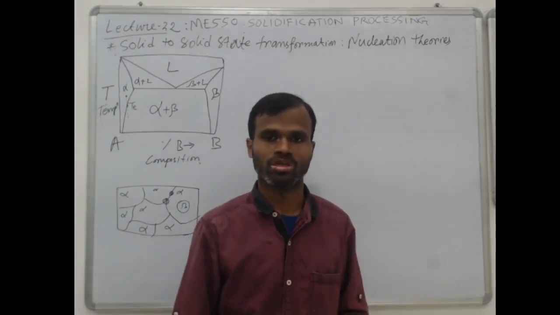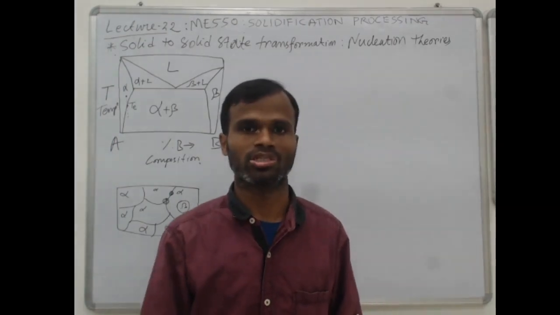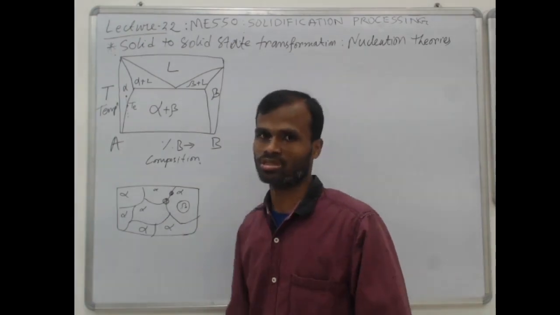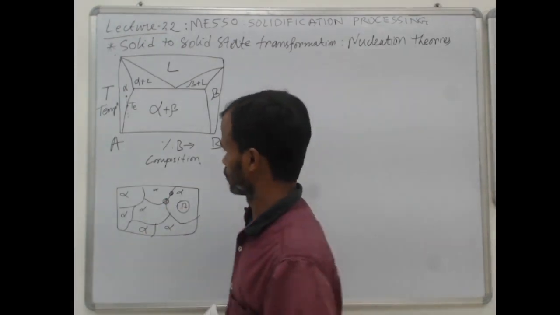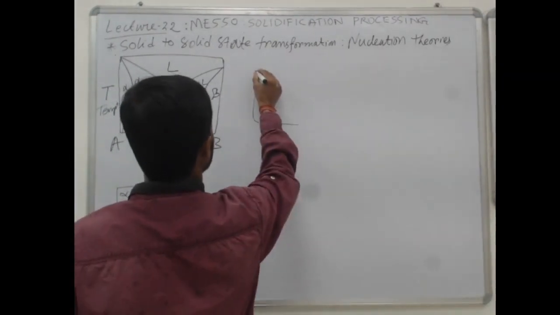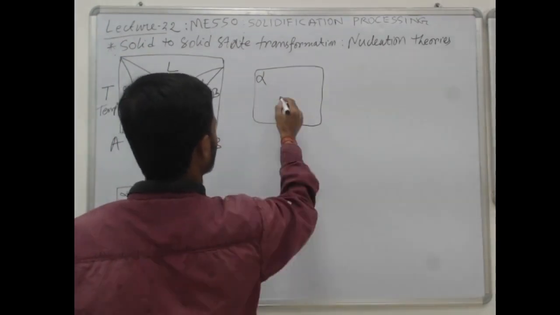There are so many nucleation sites. It can nucleate at any place, but the most favorable site is generally the grain boundaries, because those are the high energy sites.